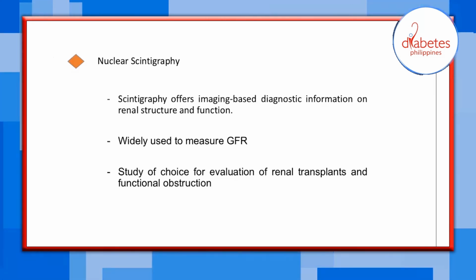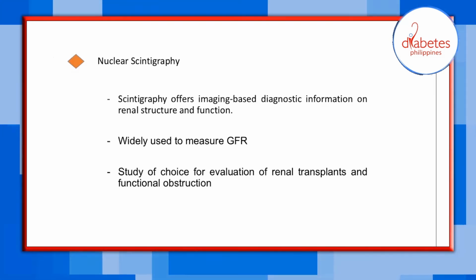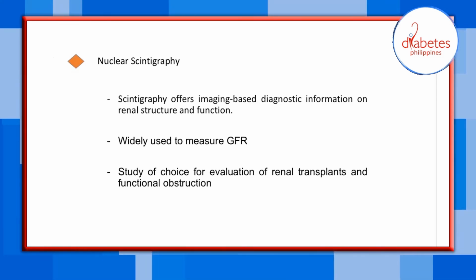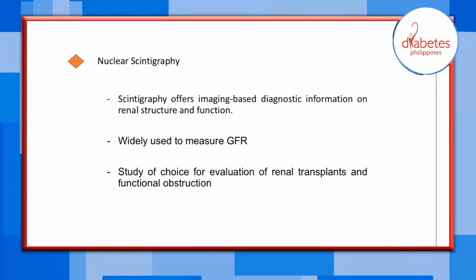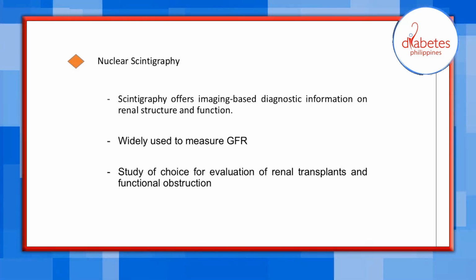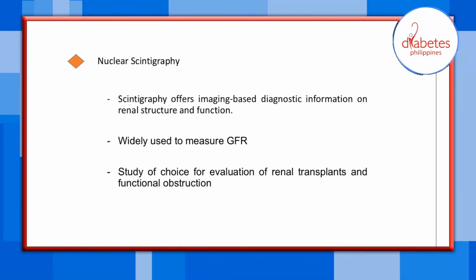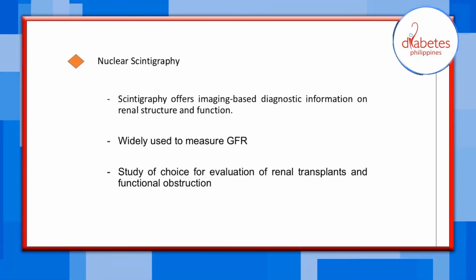Another imaging is your nuclear scintigraphy, which offers imaging-based diagnostic information on renal structure and function. It is widely used to measure GFR, and is the study of choice for evaluation of renal transplant and functional obstruction, however it is quite expensive.